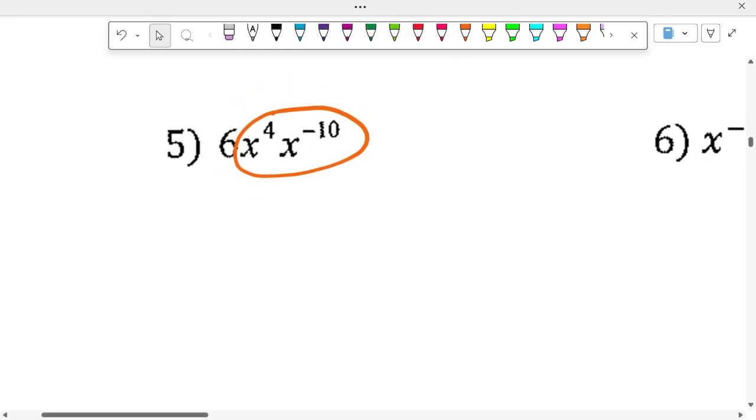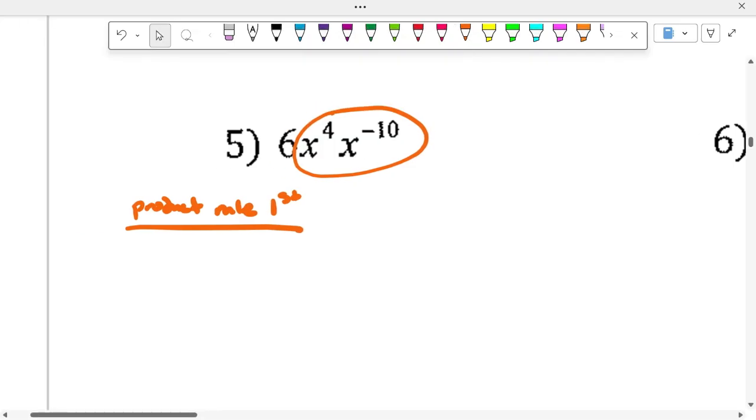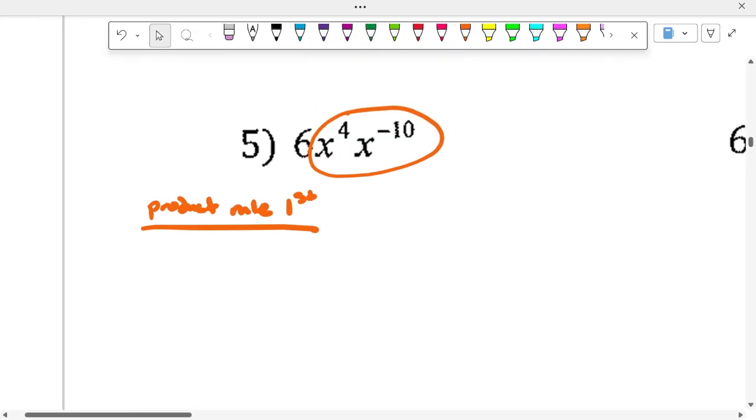So let's say I do the product rule first. If I did the product rule first, that means I'd have 6 to the x to the 4 plus negative 10. All right. Now, what's 4 plus negative 10?